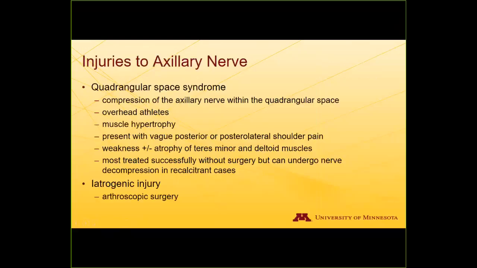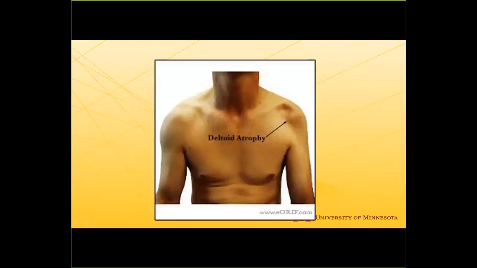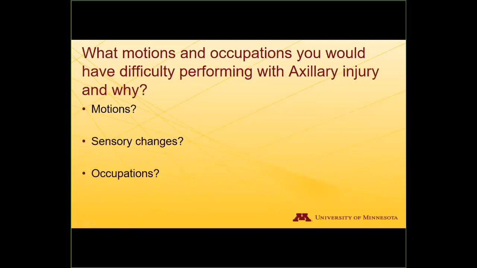Can you repeat the motion that it would affect? I didn't quite get all of it. So it's basically all the motions that the deltoid produces, and of course the teres minor. The anterior fibers produce flexion, internal rotation, and horizontal adduction.